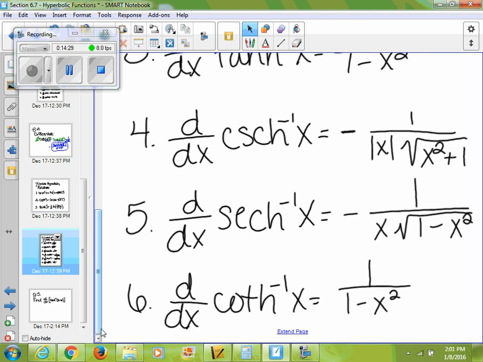The derivative of our inverse hyperbolic secant function is equal to negative 1 divided by x times the square root of 1 minus x squared. And the derivative of the inverse hyperbolic cotangent function in terms of x is equal to 1 divided by 1 minus x squared.